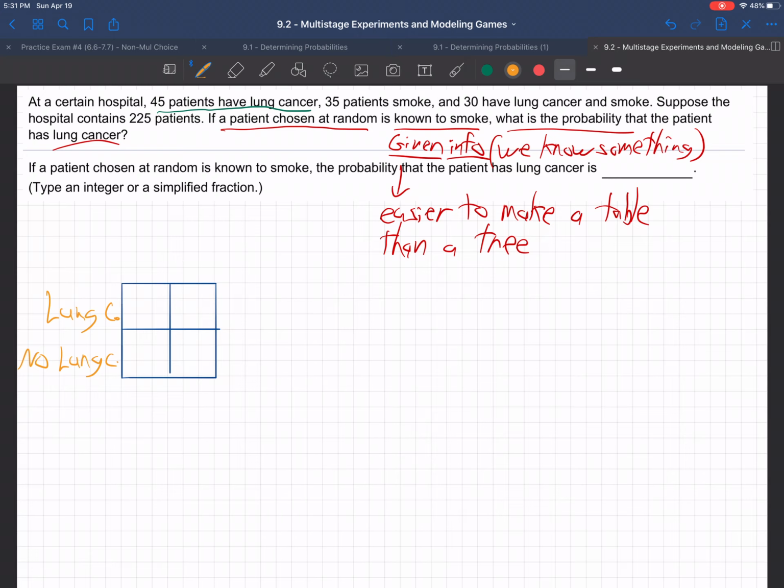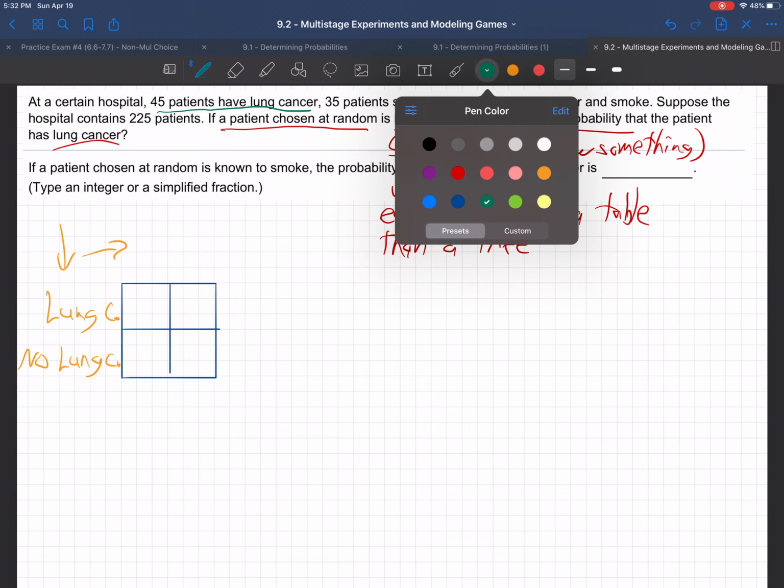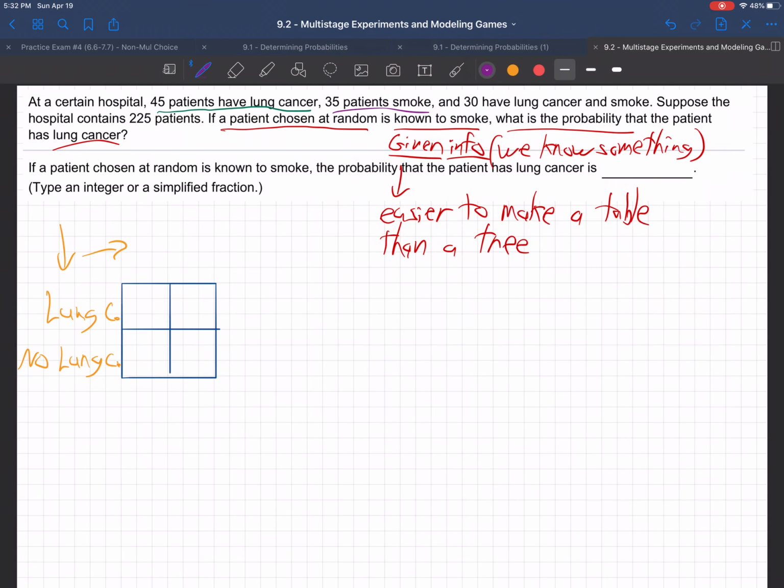Then you put one characteristic going down the side and the other going across the top. What's the other characteristic? It's about whether they smoke or not. So this would be smoke and do not smoke.